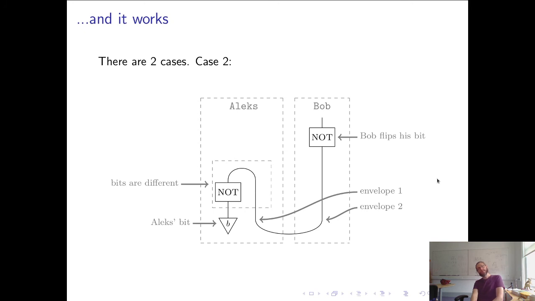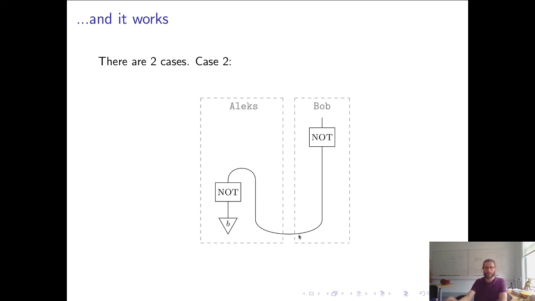In the other case, I'll open the envelope and I'll see that the bits are different. That corresponds to this particular effect happening. And then I'll tell Bob, hey, they were different. So what Bob does is he flips his bit. Now what happens? Well, we still have this zigzag piece of wire here.